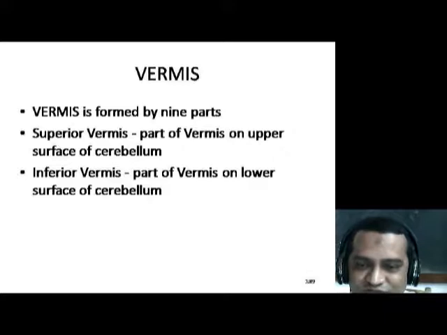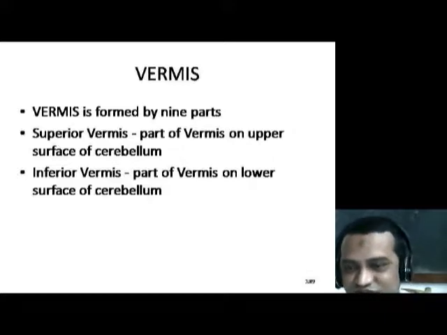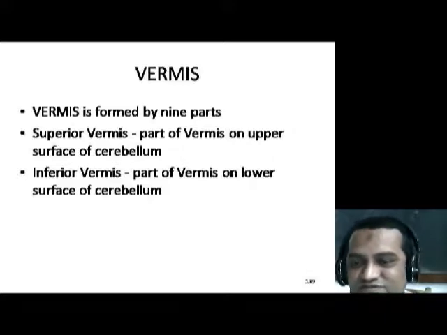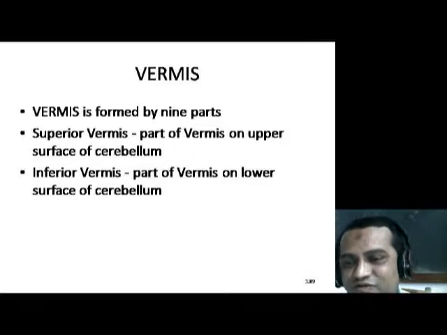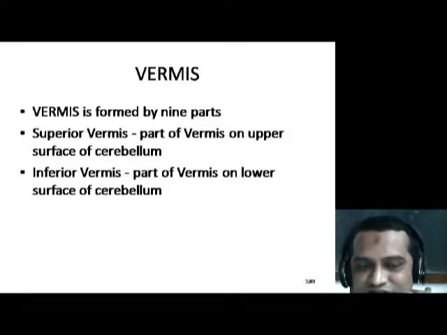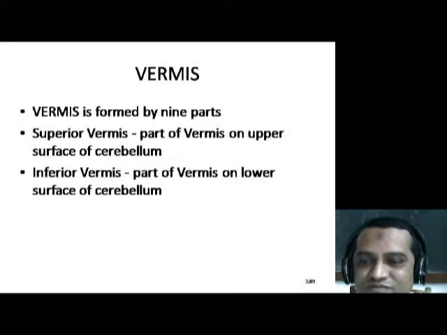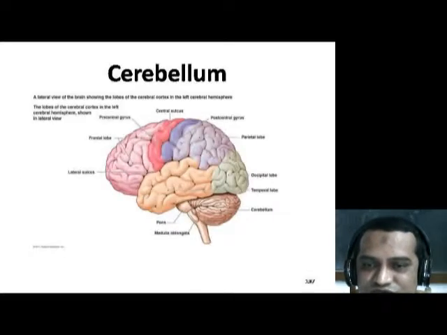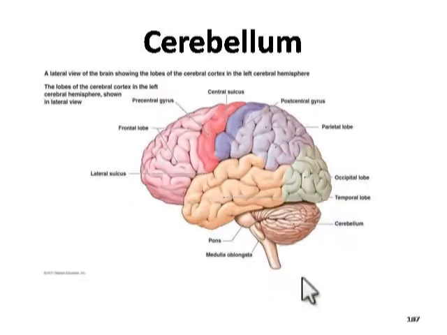Centrally there is a body. This is called as central body, vermis, and those parts which are situated near the upper surface will be called as superior vermis, and those parts which are situated in the lower surface of cerebellum will be called as inferior vermis. Okay.